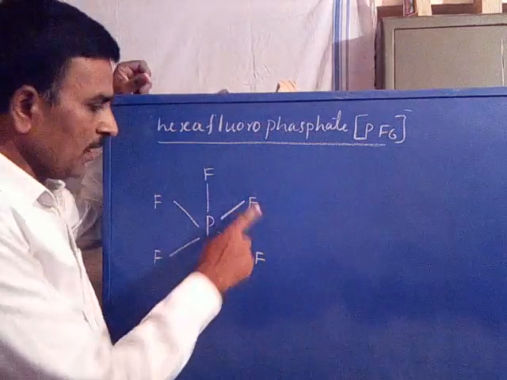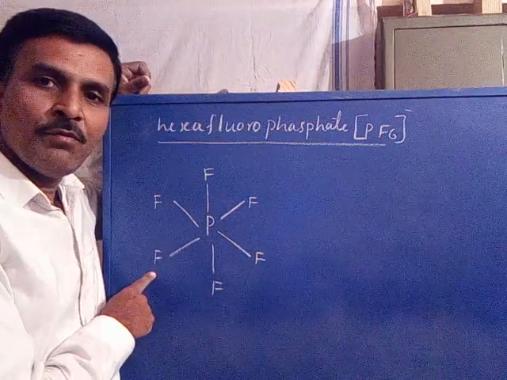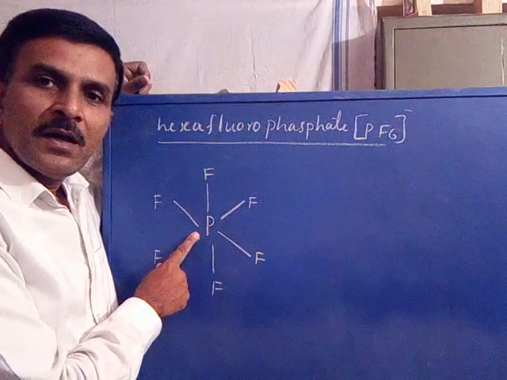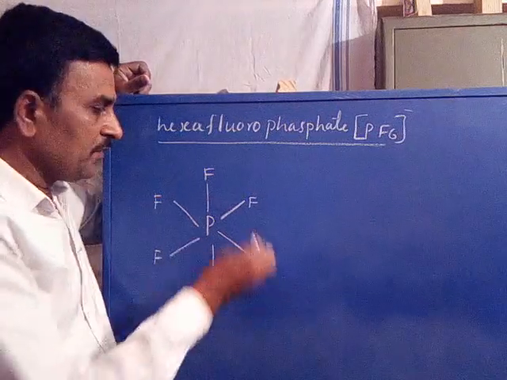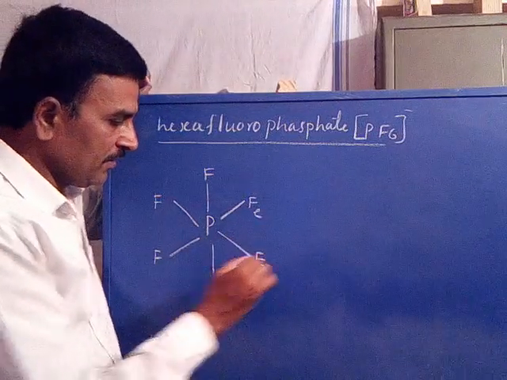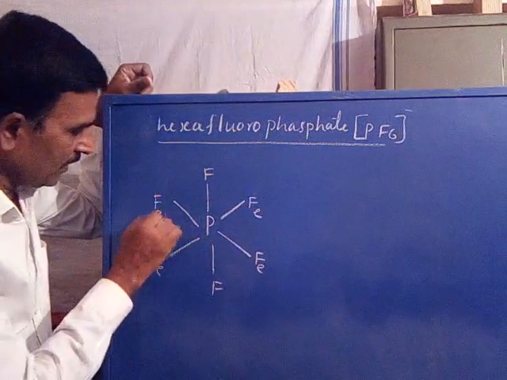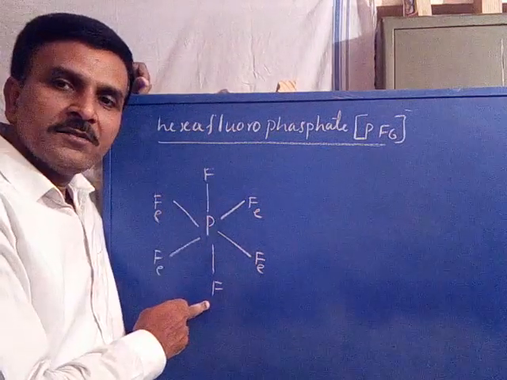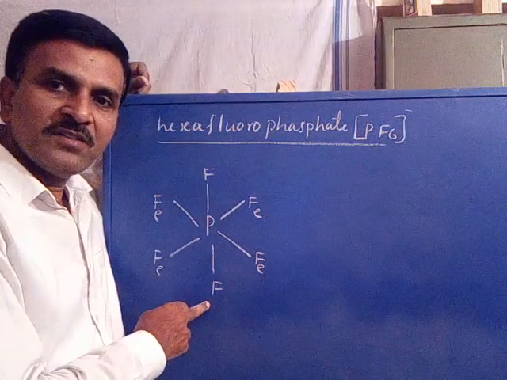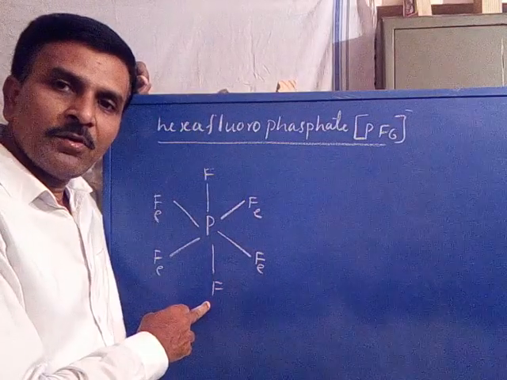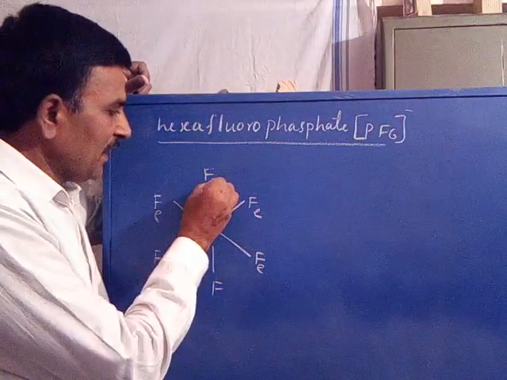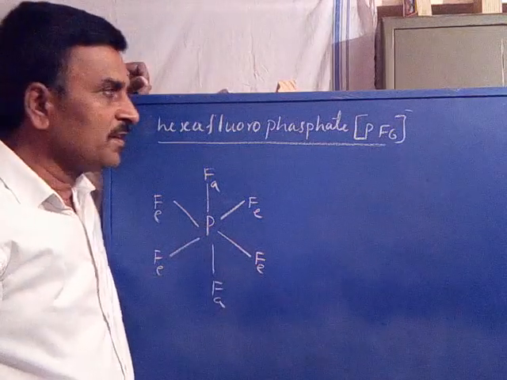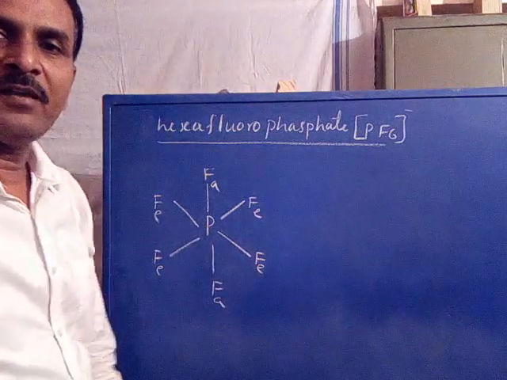Now here 1, 2, 3, 4: these are the 4 fluorines attached to the central phosphorus horizontally, hence called equatorial. These 2 fluorines are attached vertically to the central phosphorus, therefore called axial. This is an axial fluorine, this is an axial fluorine. So this is the hexafluorophosphate structure.